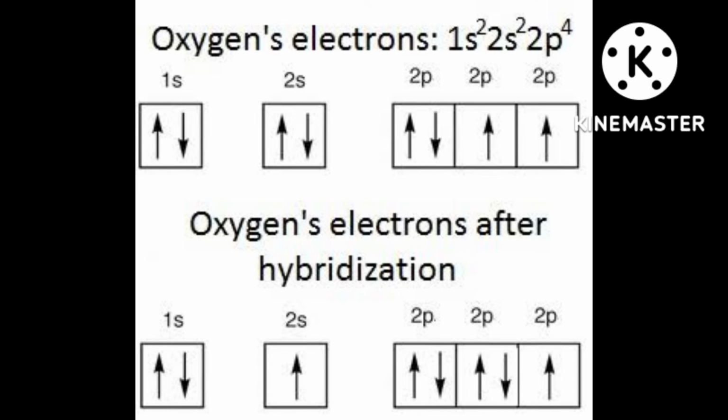In the excited state, one of the 2s electrons is promoted to the vacant 2p orbital.